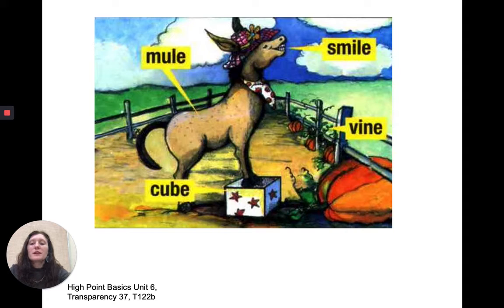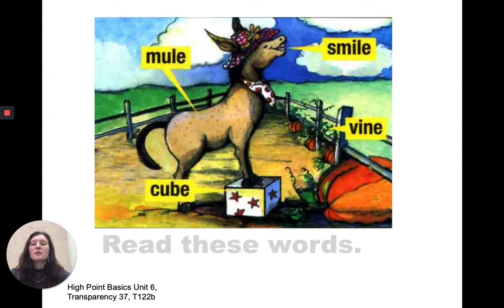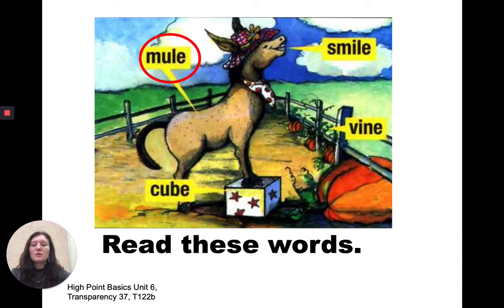All right, so let's look at one more picture here. So let's read through our words. So we have the word mule, smile, cube, and vine.